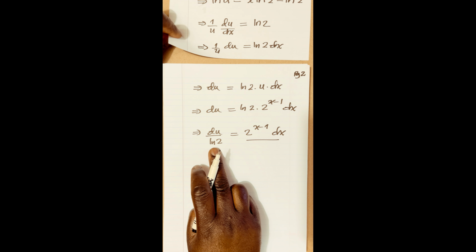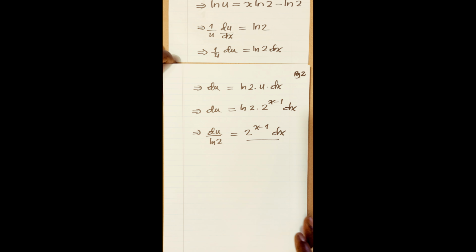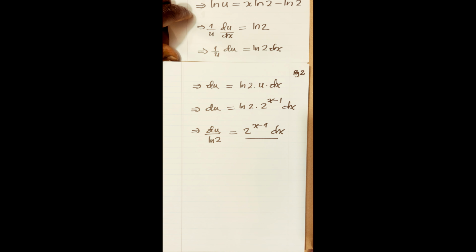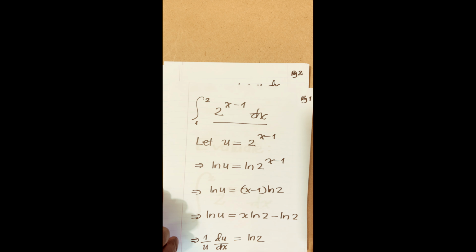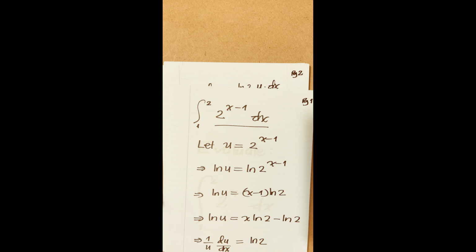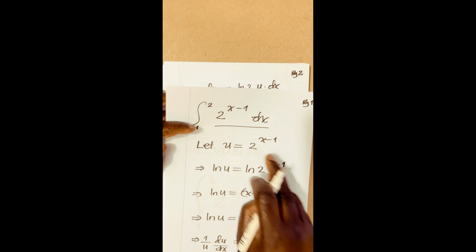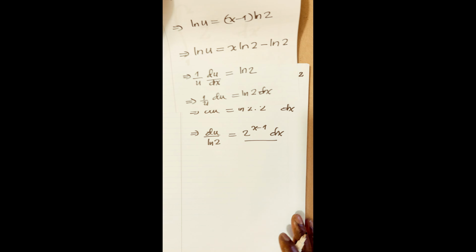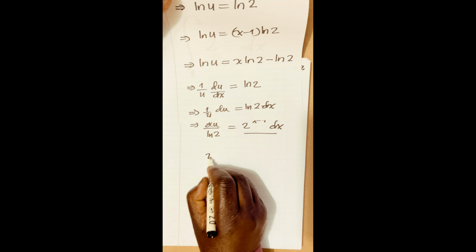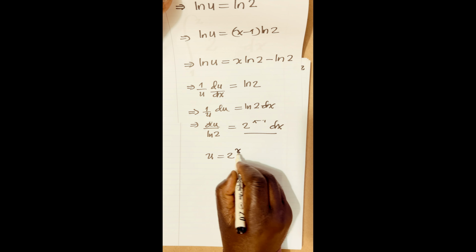But now we have to change the limits of integration, because remember, these limits here are with respect to x. So we have to change the limits to limits with respect to u. And we are going to use this equation here. So changing limits of integration, we're going to use u is equal to 2 to the power x minus 1.